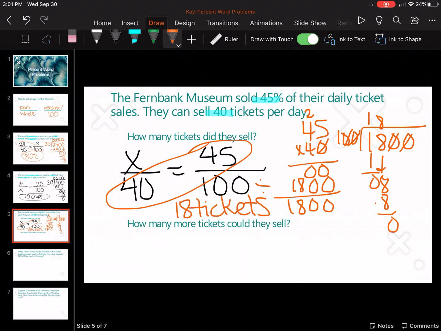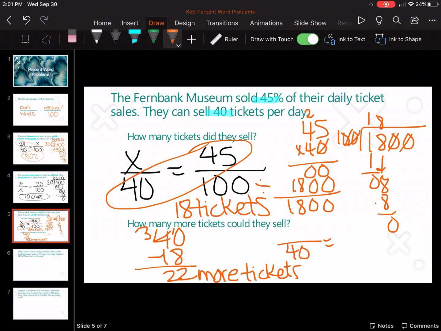So the question now is, how many more can they sell? Well, we can sell 40. We already sold 18. So you can do 40 minus 18 and get 22 more tickets. You could also set up a proportion and solve it. You could also set up 40 equals something over 100.